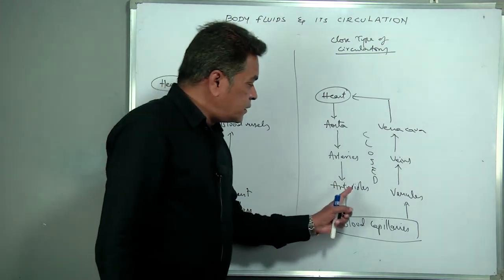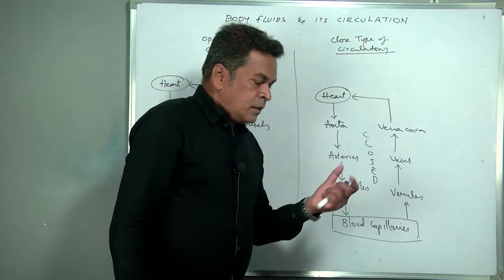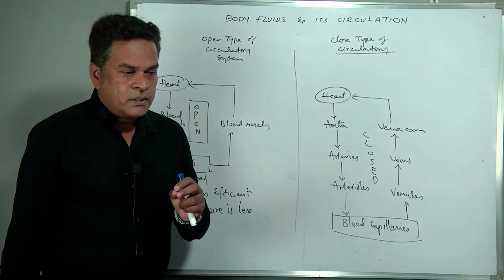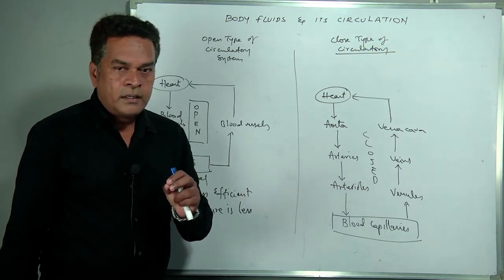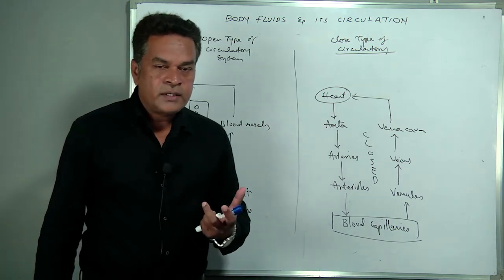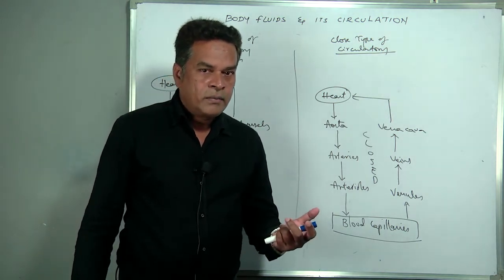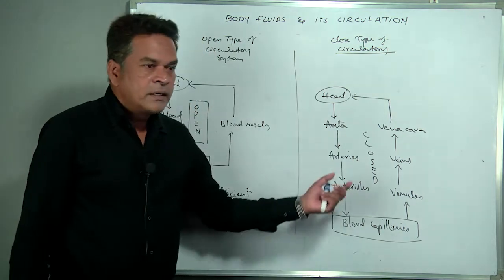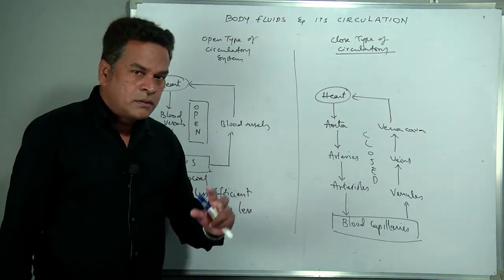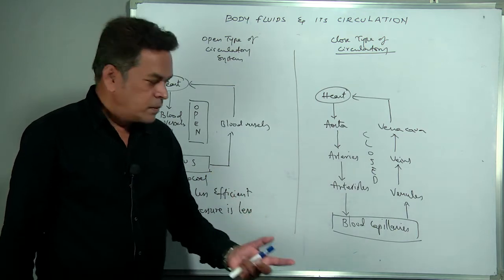But one thing you must remember here, the content of the blood, except RBC, platelets and certain large proteins, never comes out from the blood vessels. But other content for the exchange purpose diffuses out from the blood capillaries.